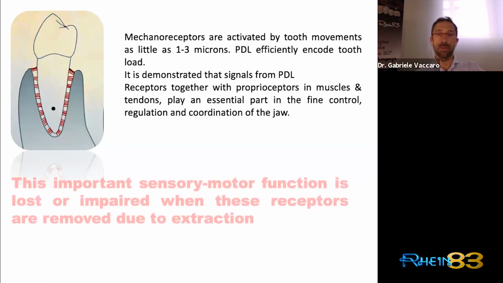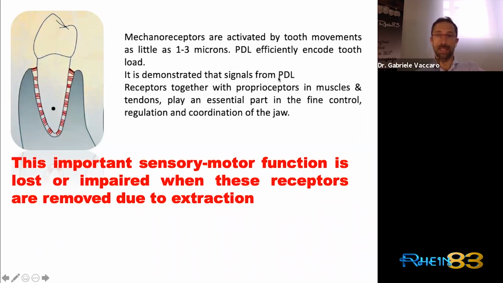There are several demonstrations that the signals from periodontal ligaments, together with proprioceptors in muscles and tendons from the masticatory muscles, play an essential part in the fine coordination and regulation of the movement of the jaw. When we lose our teeth, we lose an important part that allows our jaw to move correctly.